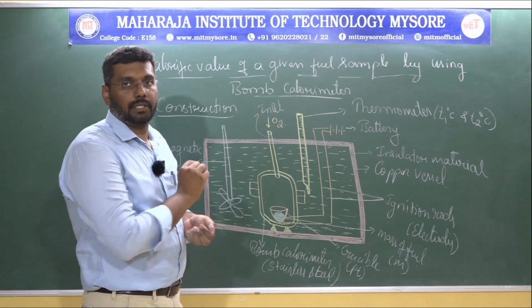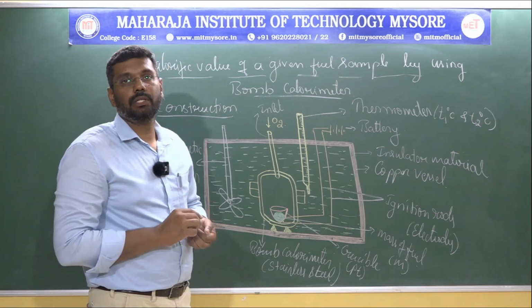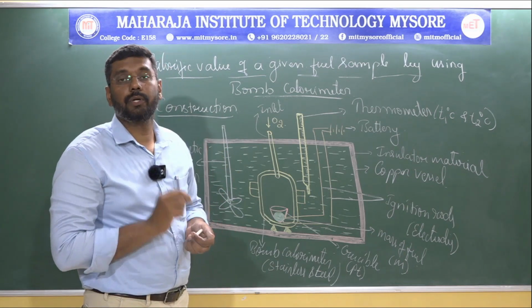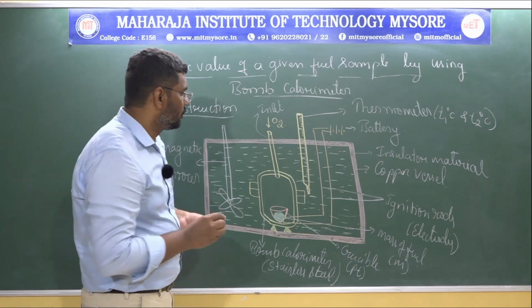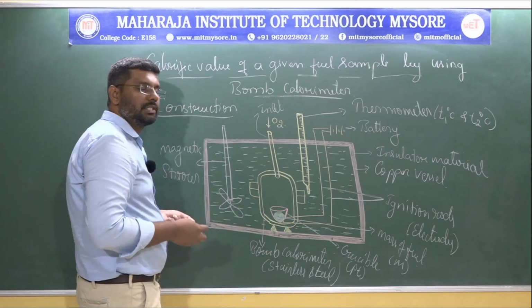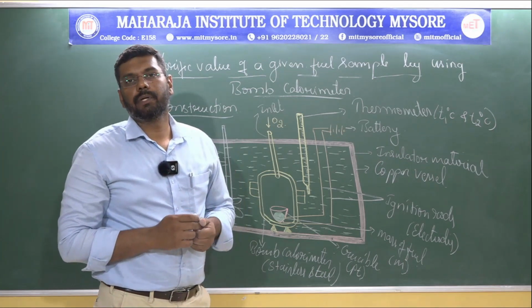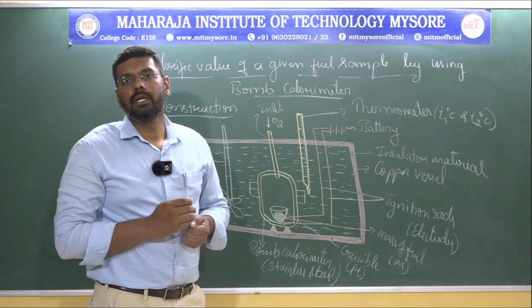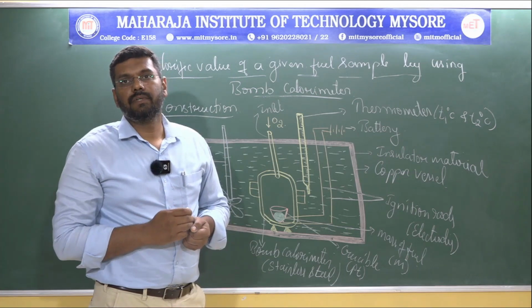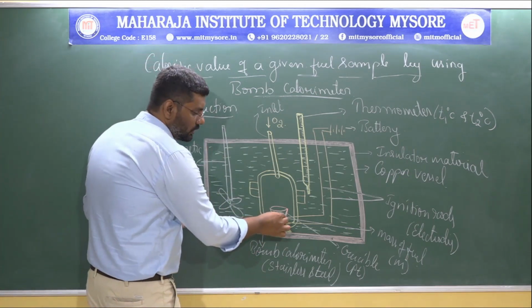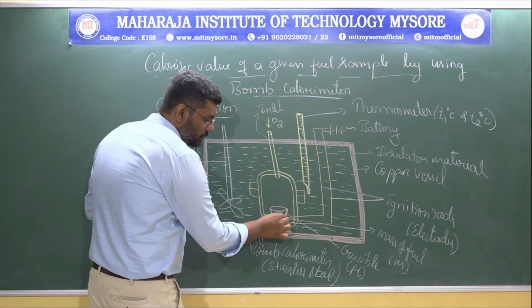If it is clear, next we shall switch over to the working of the bomb calorimeter, how it works. If you observe this construction itself, it gives a clear picture of how the bomb calorimeter works and how we can determine the GCV and NCV. Here the known mass of fuel is present inside the crucible.